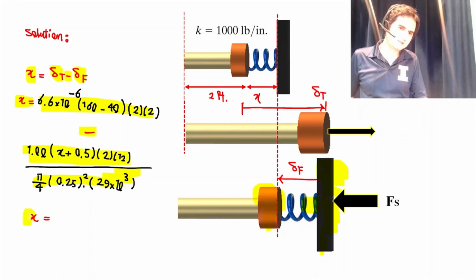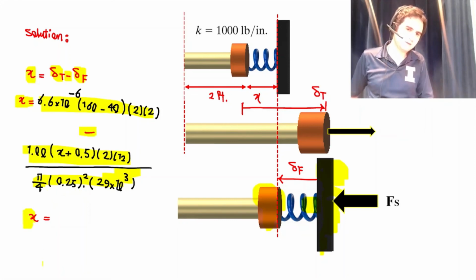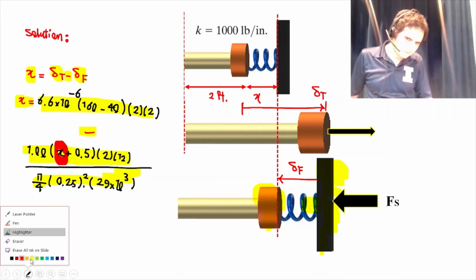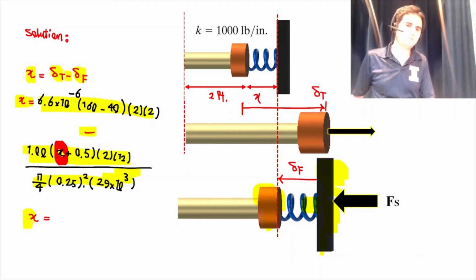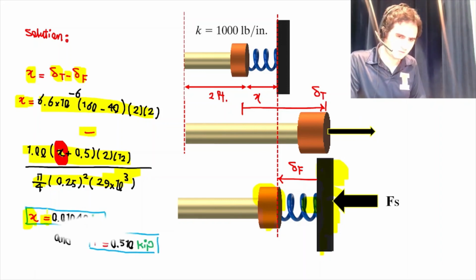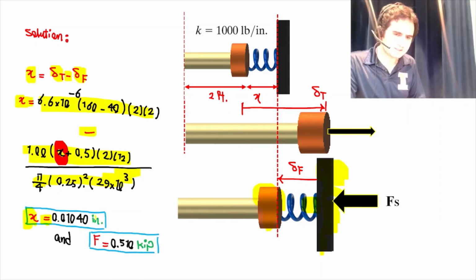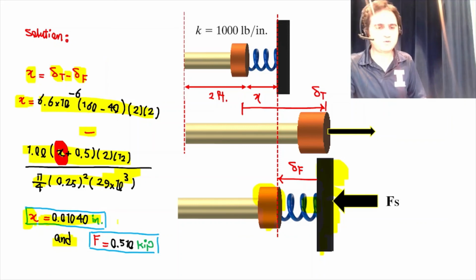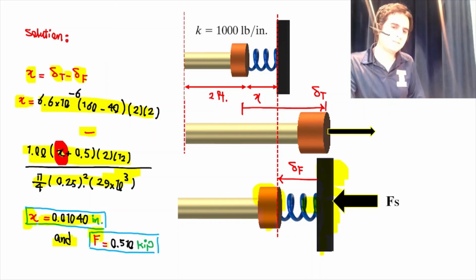So x is the only unknown of the problem. We have one x here and we have the initial one over here. If we take them both to one side and solve for x, it gives x is almost 0.01 inches, and replacing that in the force formula gives almost 0.5.